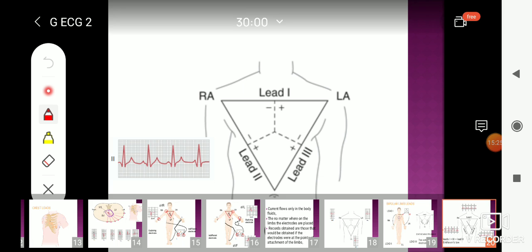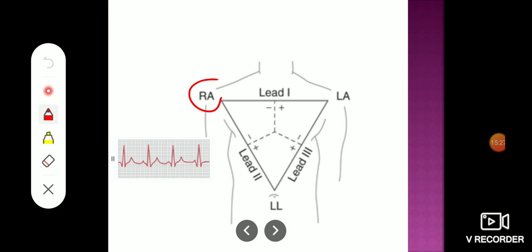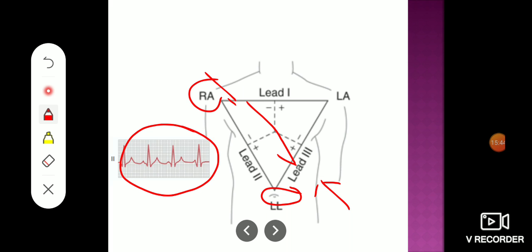So when you pick up from right arm and left leg, you are picking up more current from this direction, so it will totally draw a positive wave. Lead 2 is the tallest, and we will get the perfect electrocardiogram.